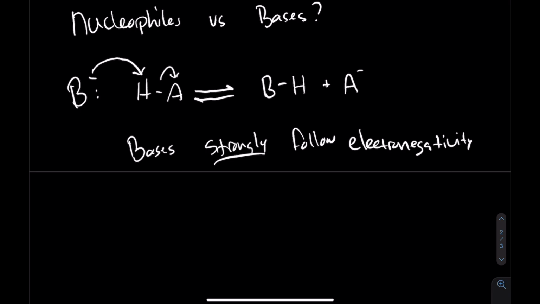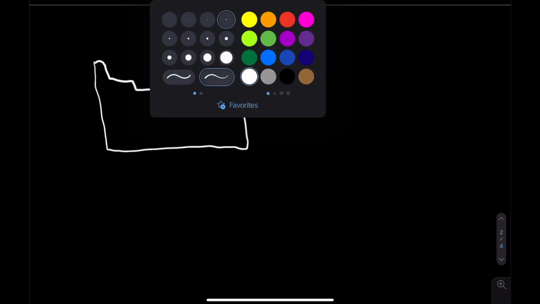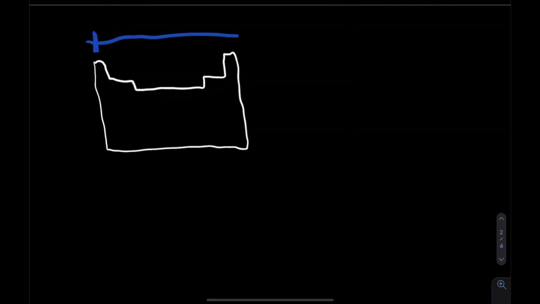And what do I mean by soft? So if we were to look at the periodic table, let's just draw a periodic table here. Right, and we associate the electronegativity. It's going to go like that. All right, that's electronegativity. And your little atoms, fluorine, chlorine, bromine, iodine, the fluorine's going to be by far your most electronegative right here.